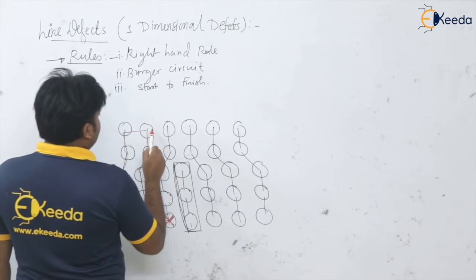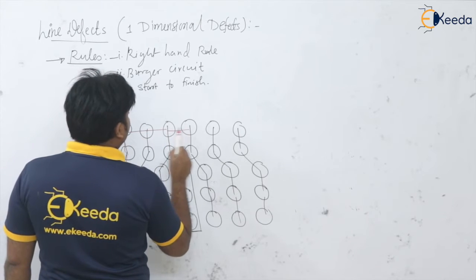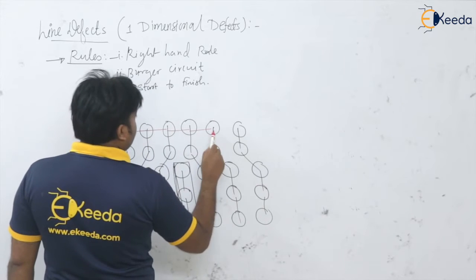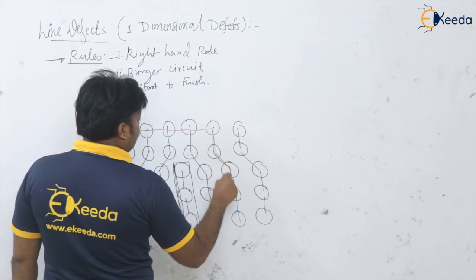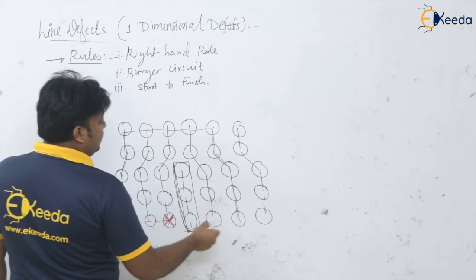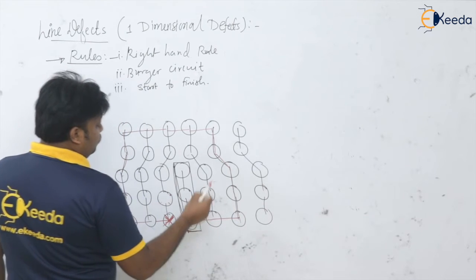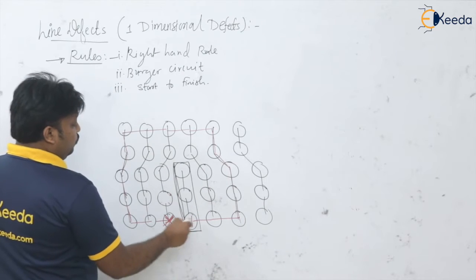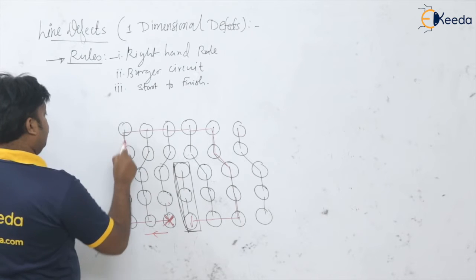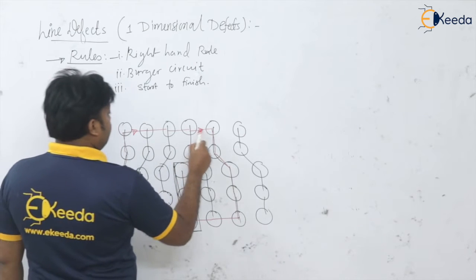Then again right by 4 atoms, 1, 2, 3, 4. Then down 1, 2, 3, 4. Then again completing the loop, 1 and 2. Isn't it? So this is the direction of the circuit.